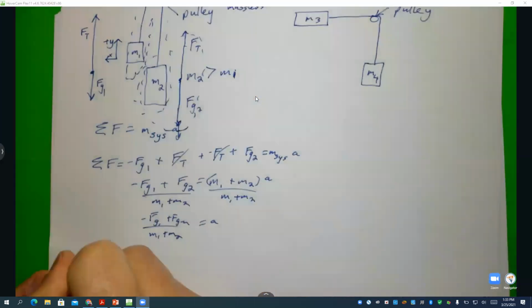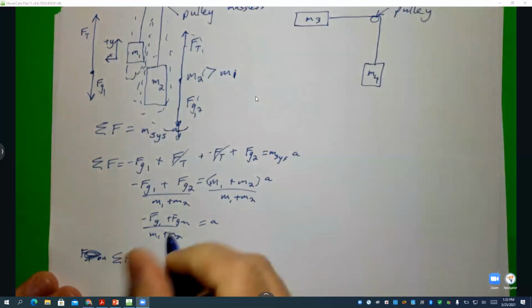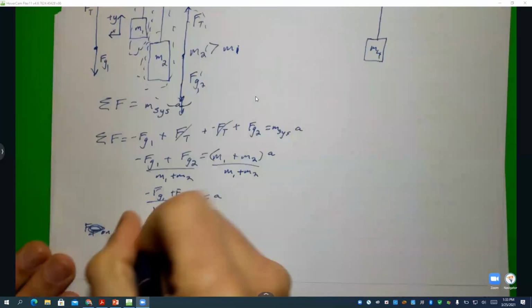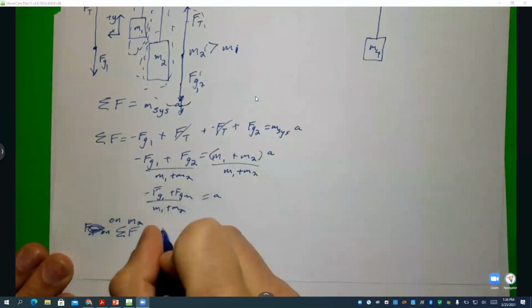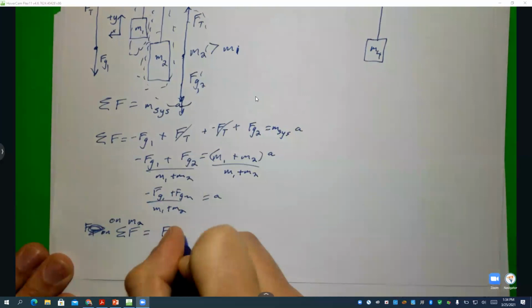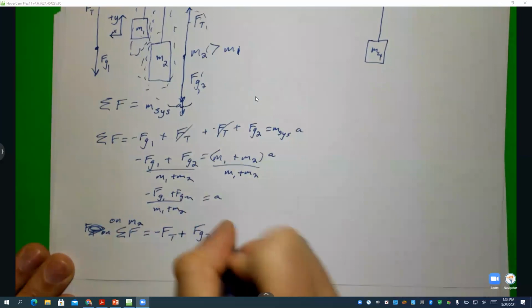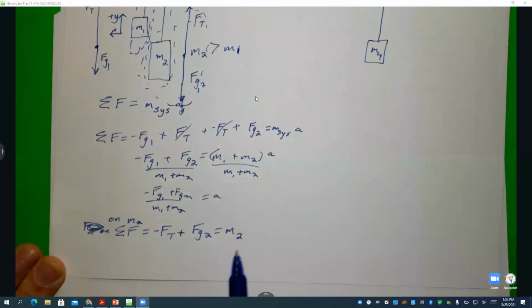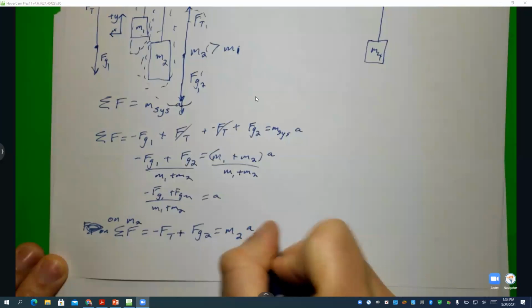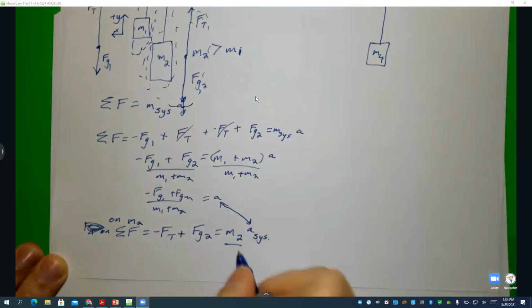And then you can say the sum of the forces on, we'll just say M2, are going to be negative FT plus FG2, which then equals just the mass of this new system times the acceleration of the system, which you have already solved for.